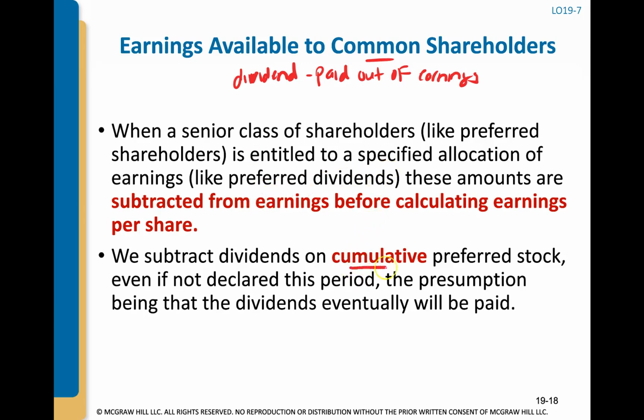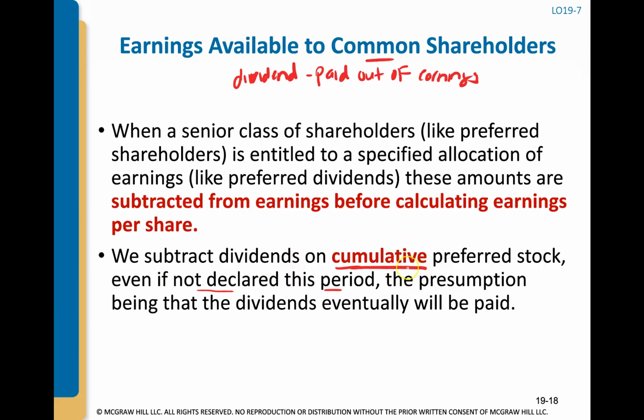that own cumulative preferred stock. Now, what is cumulative preferred stock? Cumulative preferred stock is when even if dividends are not declared in the current period, they are owed the dividends on a rolling basis, so it'll be accumulated. So the presumption being that the dividends will eventually be paid out.